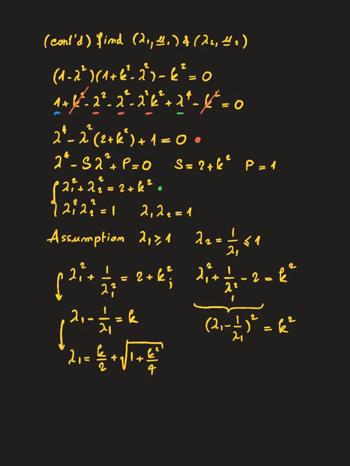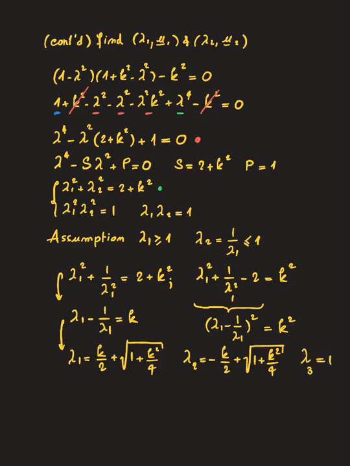And when instead of lambda 1 you replace in this expression lambda 2, then you obtain that lambda 2 will be equal to minus k divided by 2 plus the square root of 1 plus k squared divided by 4. Okay?